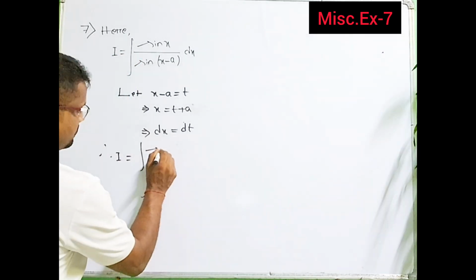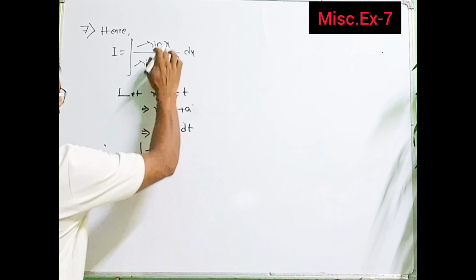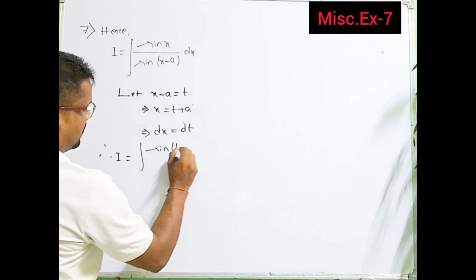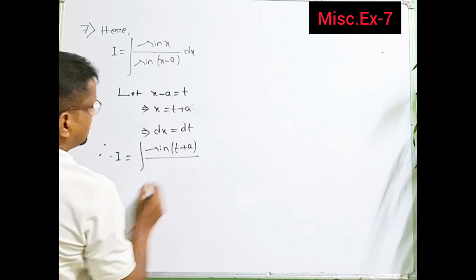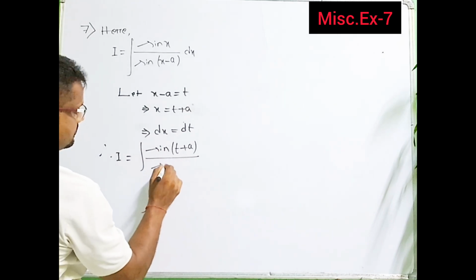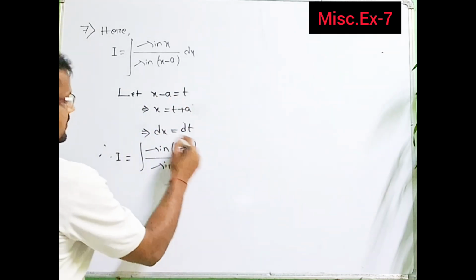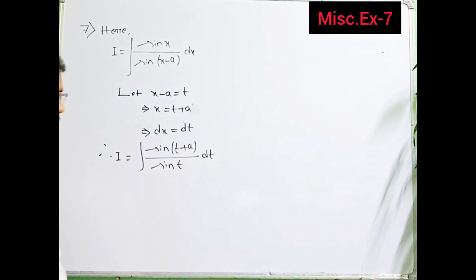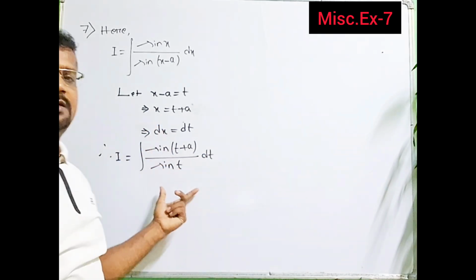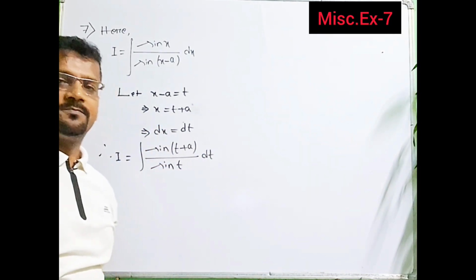It is sin of x, which is t plus a, divided by sin of x minus a, which means t, and dx is dt. It means we have transformed it into a suitable form in terms of t.